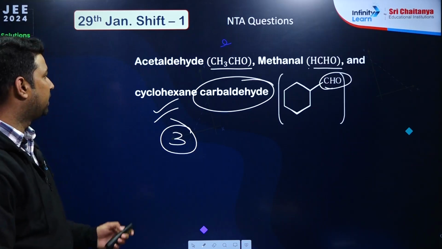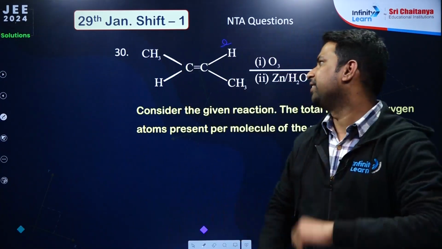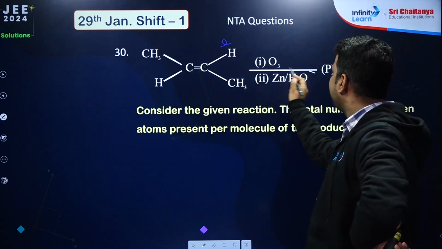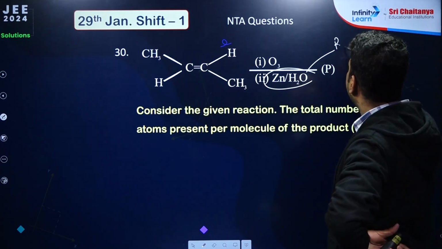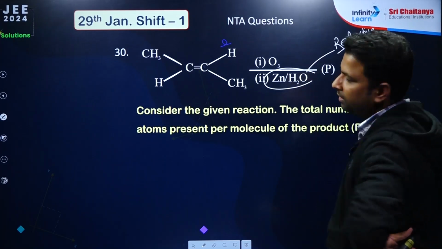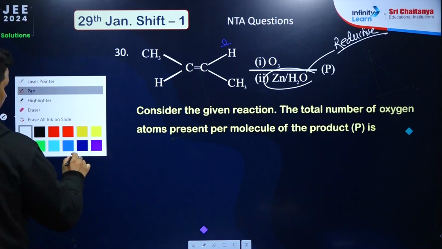Cool. Come to the next. Last question of this section. The simple ozonolysis. Ozonolysis, and Zn/H2O is given. It means it is reductive ozonolysis. So in case of reductive ozonolysis, how can we get the product?